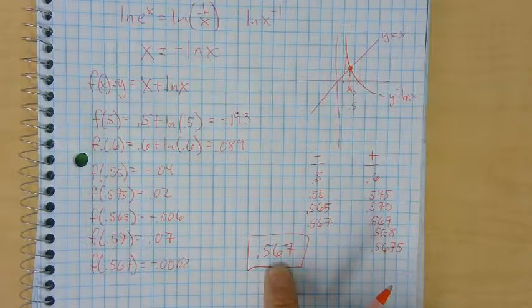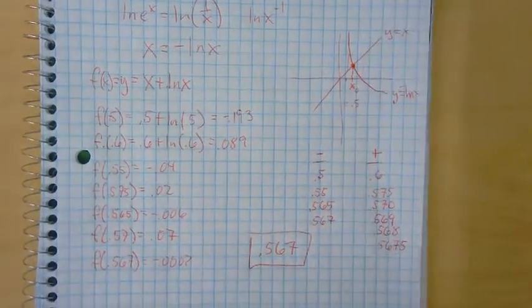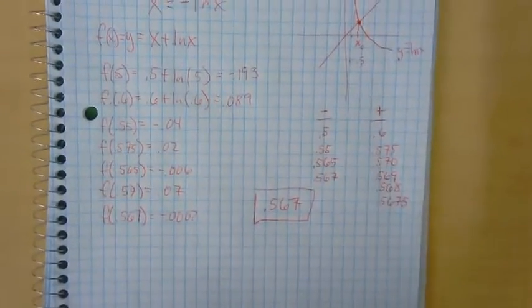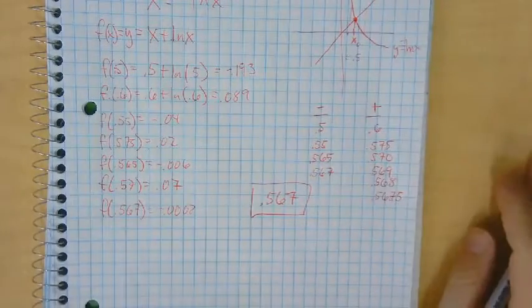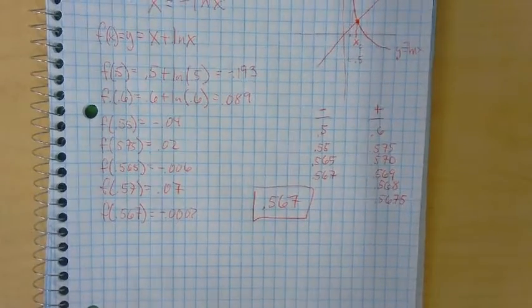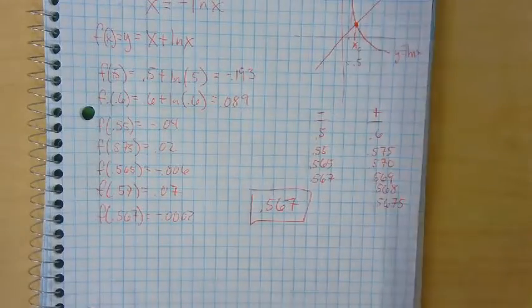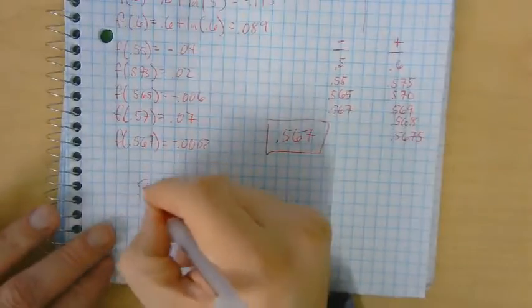And now I have it to the nearest 3 decimal places. We could keep going like this forever and ever, and it just is a question of how accurate we want to be. Okay? This method of finding the root is called a decimal search, and it uses something called the sign change rule.